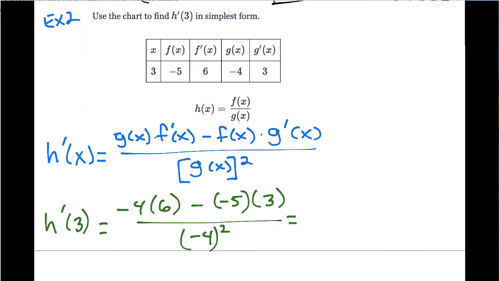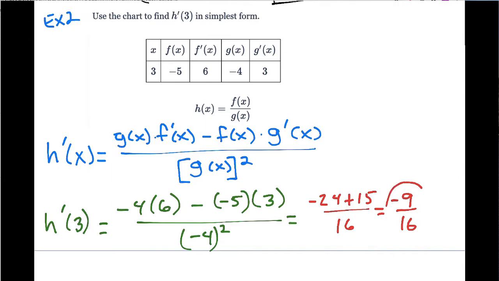So all Delta Math is asking you to do when it says to put it in simplest form is just do the computations. For the AP exam, I would just leave it the way it is. Okay. But for Delta Math, we're going to do negative 24 plus 15 over 16. Negative 24 plus 15 is negative 9 over 16.